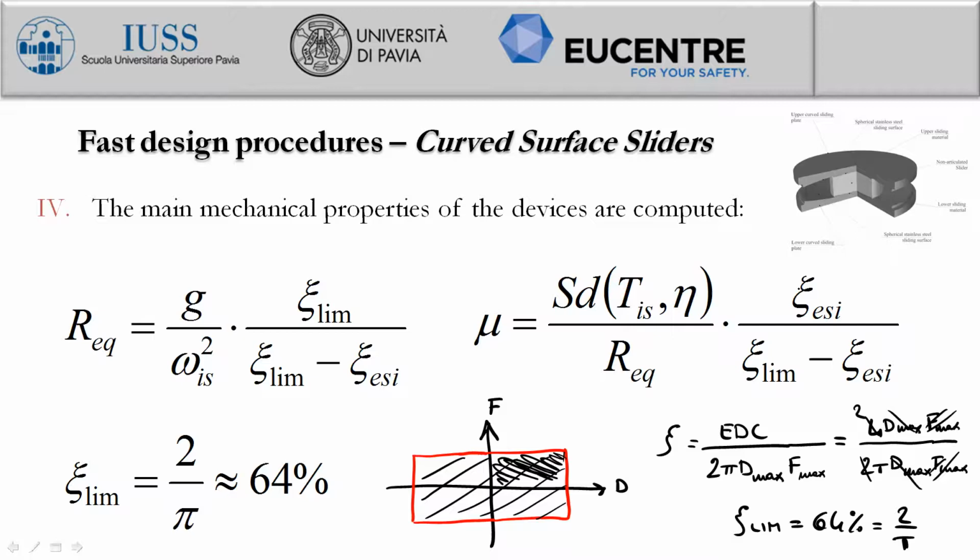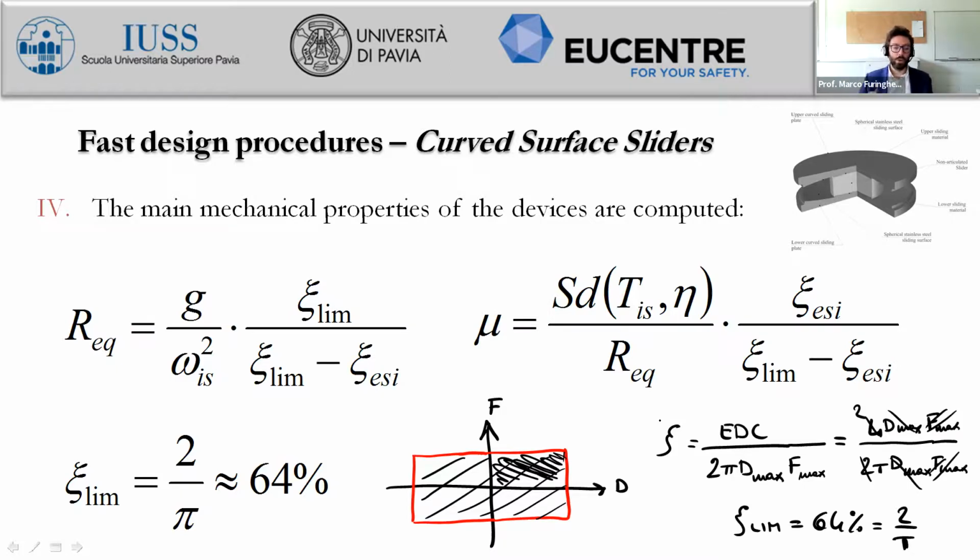Yes, Doctor, this limit is regardless of the type, whether it has hardening? So this applies everywhere, right? Yes, if you think about hardening, whatever typology of hysteresis with hardening has a lower value of damping ratio, because by keeping approximately constant the energy dissipated per cycle, you are increasing the maximum force, which is at the denominator of the expression of the damping ratio.